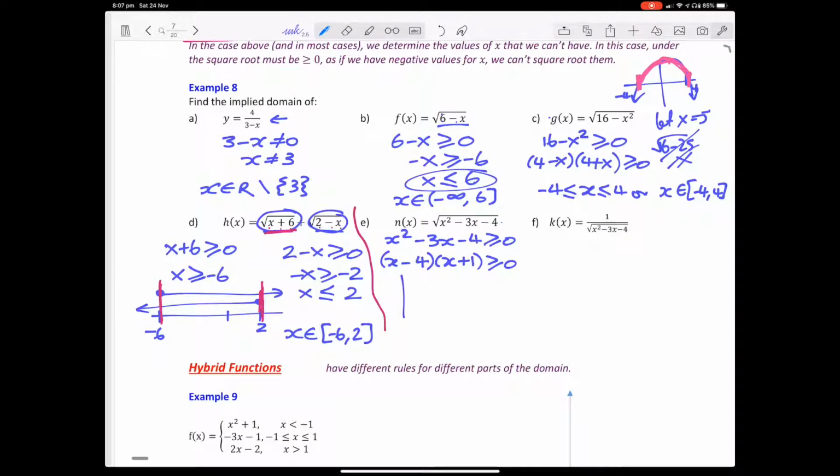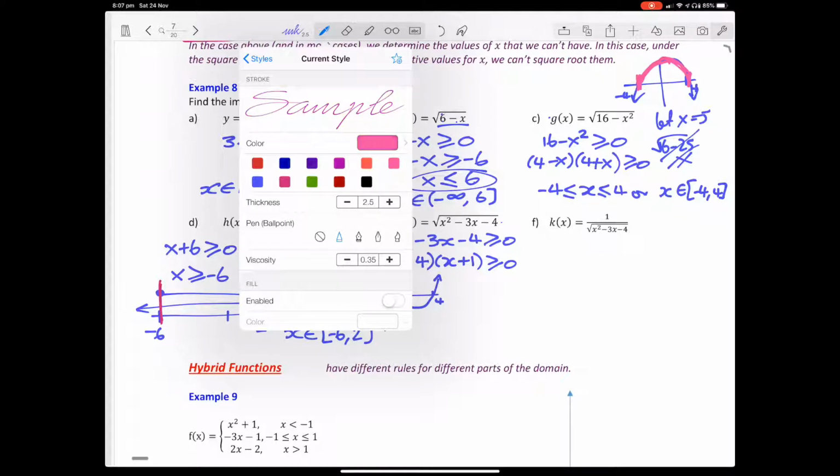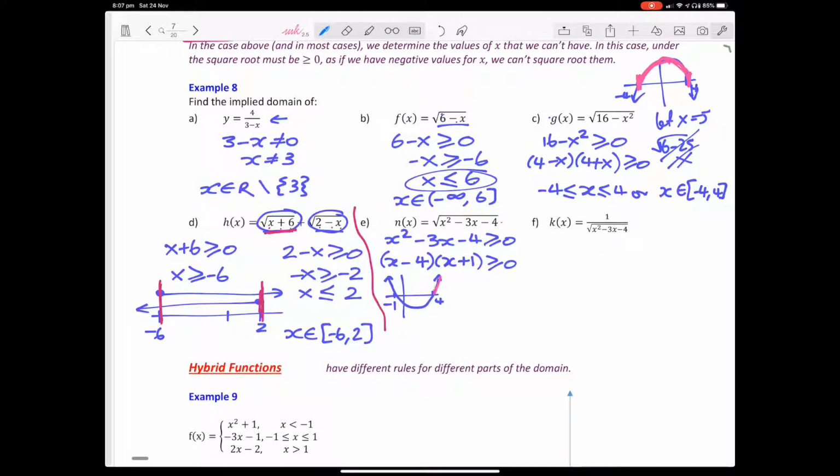So if we sketch that, negative 1, 4, and it's a happy face. So in this case here, when are we greater than or equal to 0? Well, we're greater than or equal to 0 when x is greater than or equal to 4, or when x is less than or equal to negative 1.